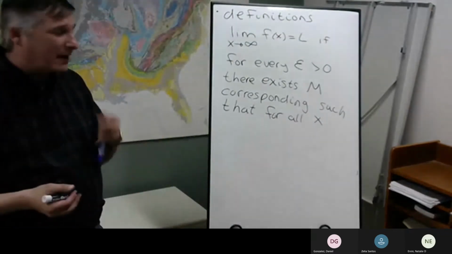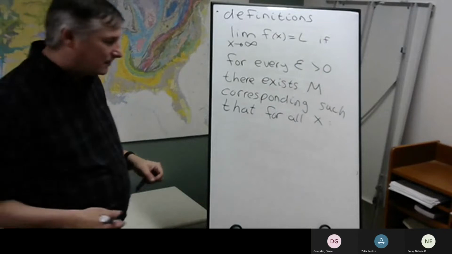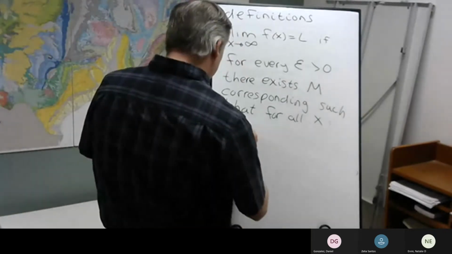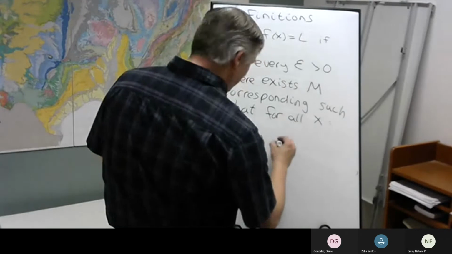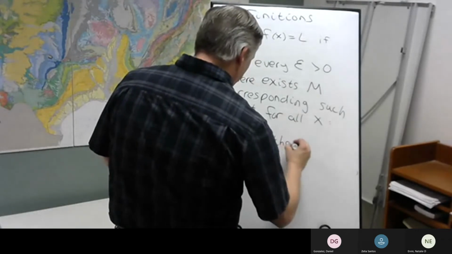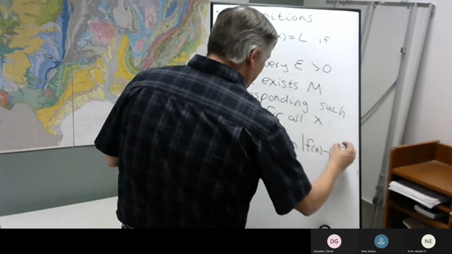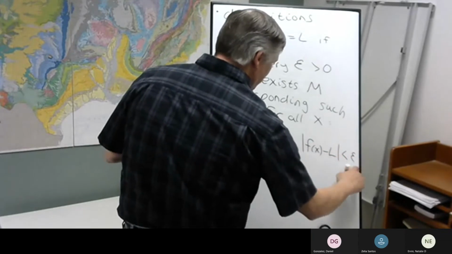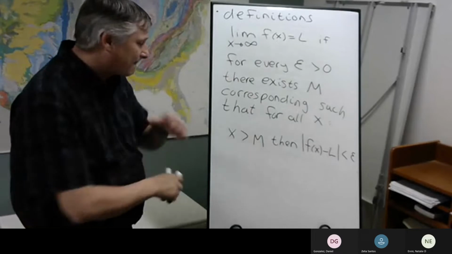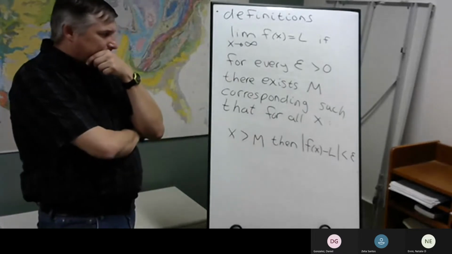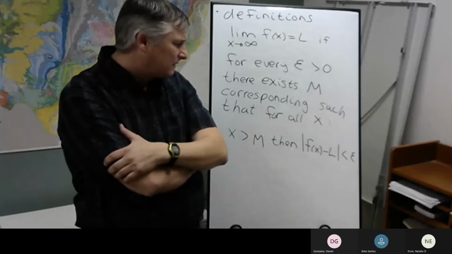Now we're going to make some statements about x. Now the key statement, when x is greater than m, then f of x minus the limit, the distance between f of x and the limit is less than epsilon. So, in other words, what's going on here?